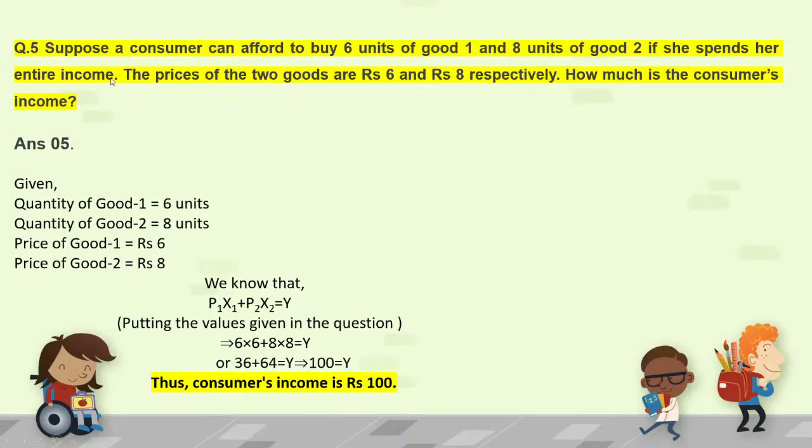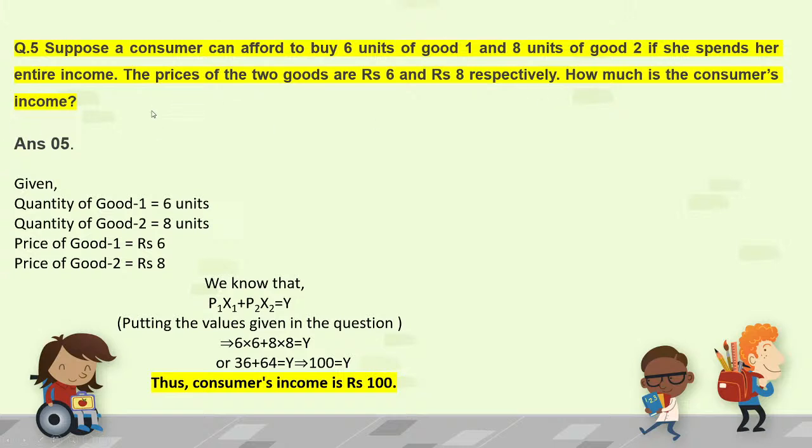Now the last part here is again a situation where a consumer can afford to buy 6 units of good 1 and 8 units of good 2. Again there are two goods and two prices. If he or she spends the entire income, the prices of the two goods are rupees 6 and 8 respectively. Now how much is the consumer's income?